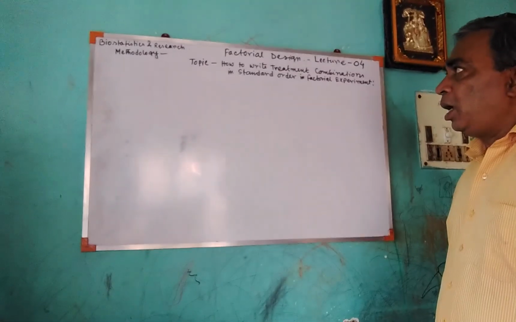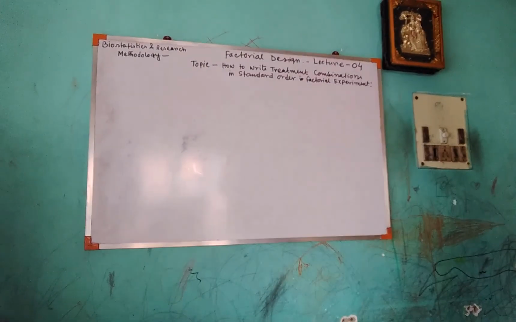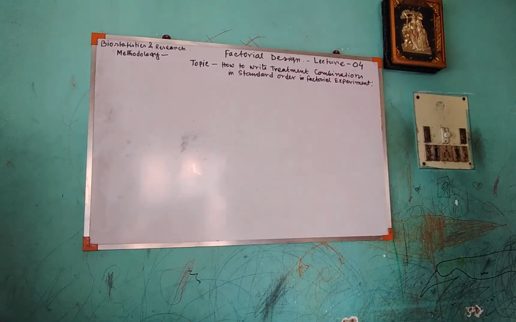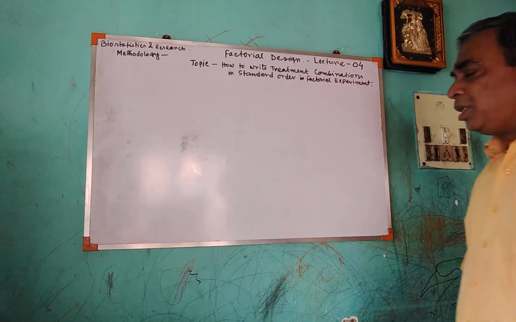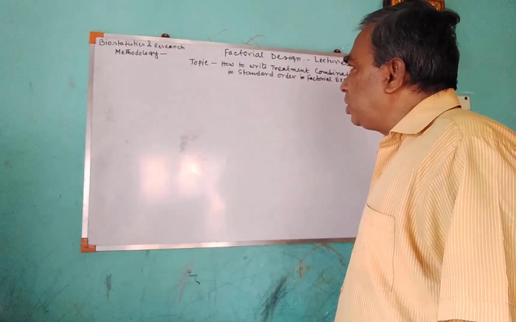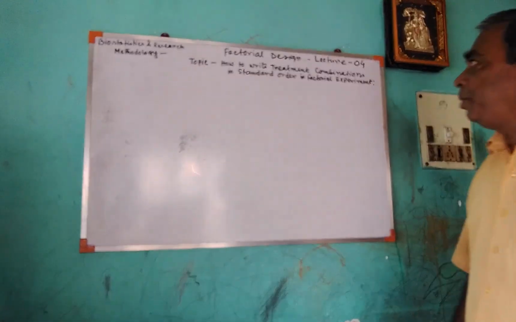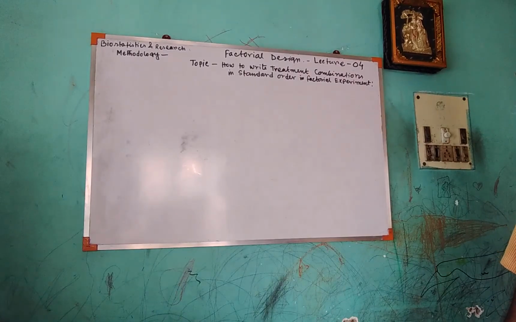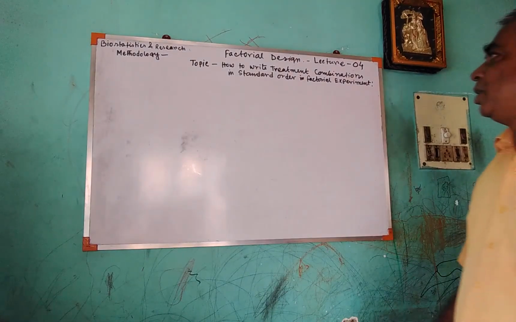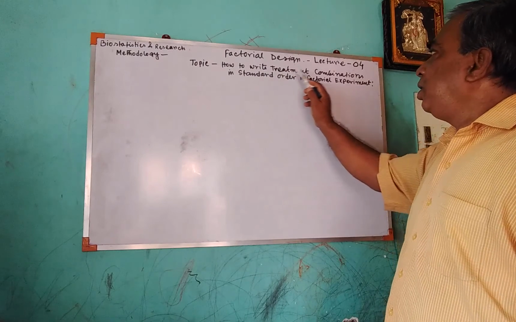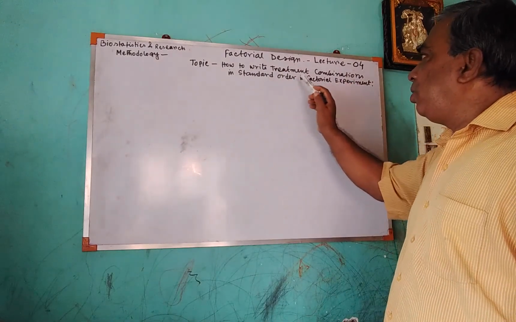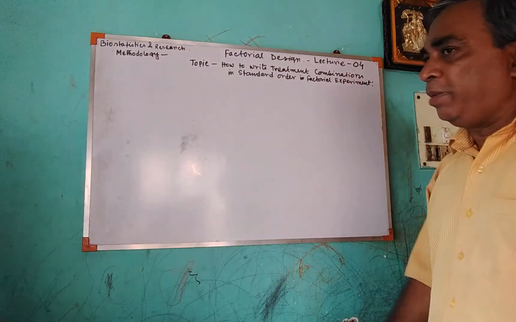Biostatistics and research methodology, factorial design, lecture number 4. In this lecture, the learner will be able to understand how to write the treatment combination in standard order in a factorial experiment.